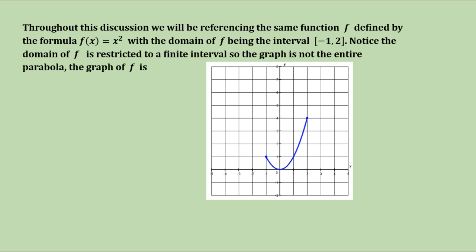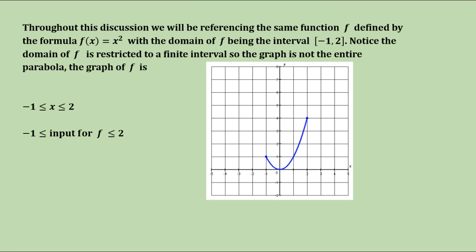For this one, we're going to be affecting what's being plugged into the function. So the input needs to be between -1 and 2. Now, for the original, that means x is going between -1 and 2. We're going to be changing that. We're not going to be putting just x inside the function f. So it's going to be beneficial for us to write that the new input, whatever that happens to be, must be between -1 and 2.